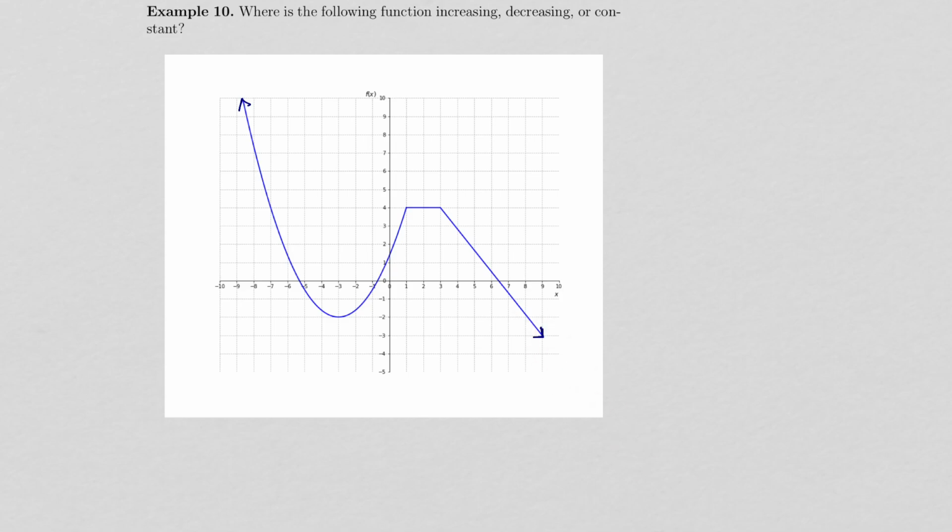So it's decreasing from negative infinity to negative 3. Don't include the endpoint. Union, and then 3 to positive infinity. Where is it increasing? Well, it's increasing here, from negative 3 all the way up to x equals 1.